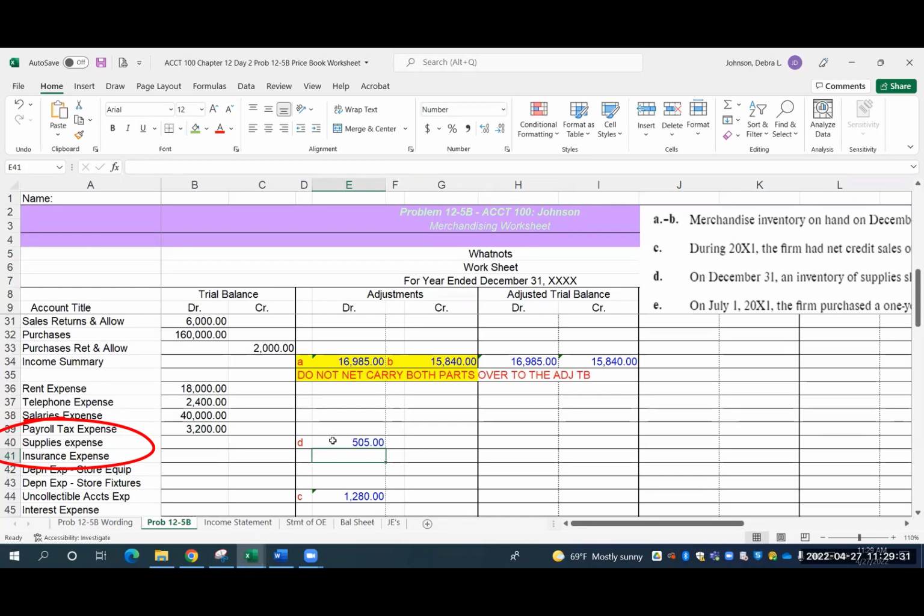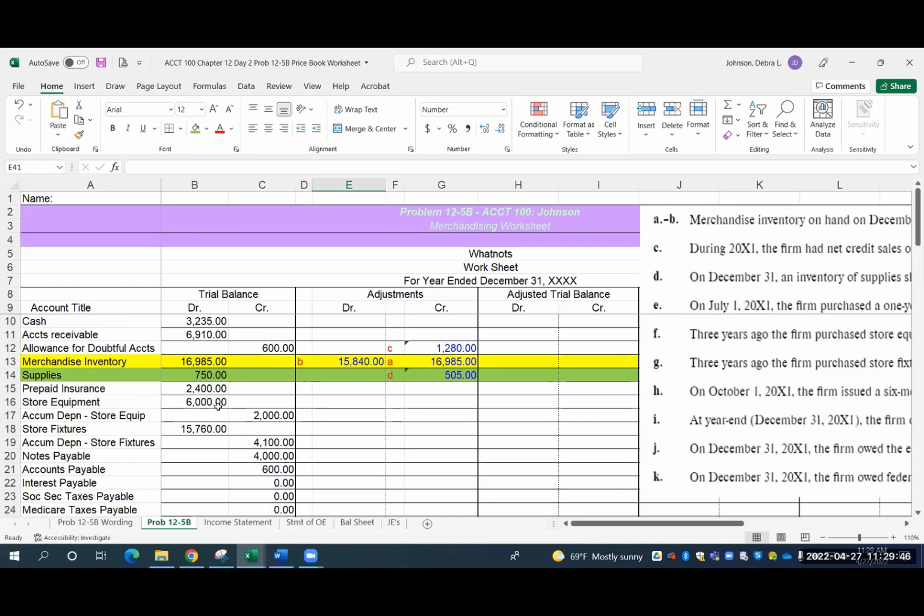Okay, so again, if you missed it, I'm going to post the file later, but we debited supplies expense and we credited supplies for $505. How did we get the $505? We took what was in the supplies account now, which is 750, and we subtracted out the 245 that should be in there.